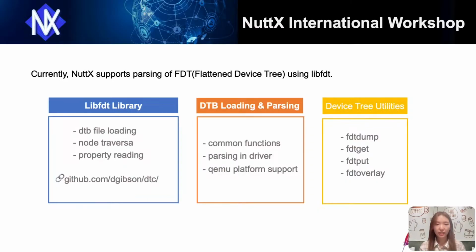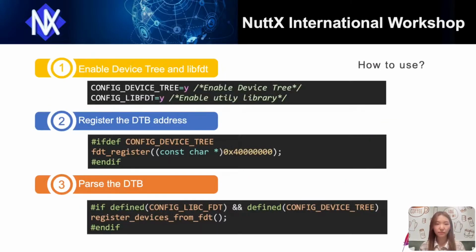Additionally, NuttX has integrated common tools into the system toolkit that support device tree operations. Now, let's see how to use it in NuttX. This page shows the specific steps and example code to help everyone get started quickly.